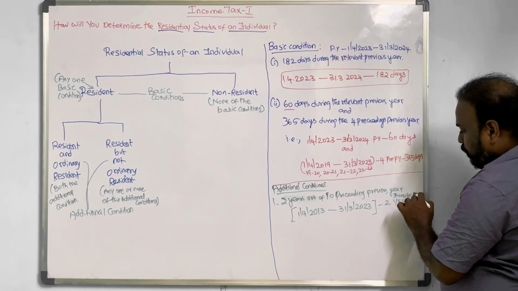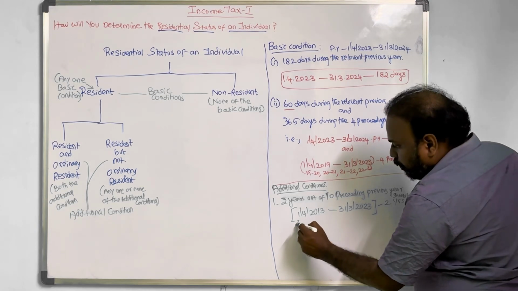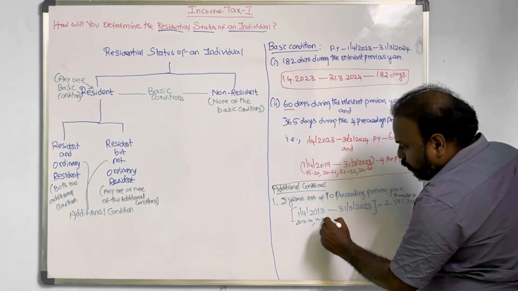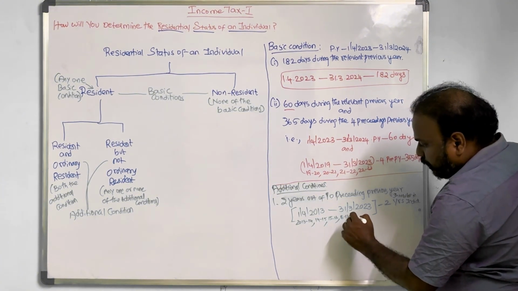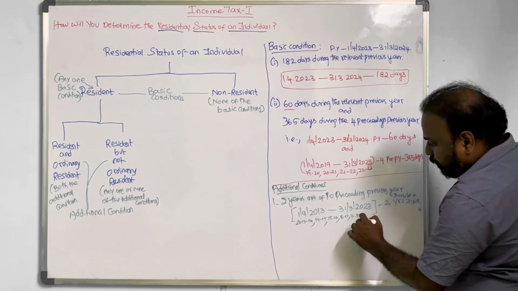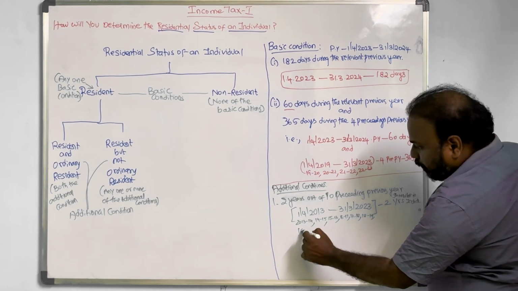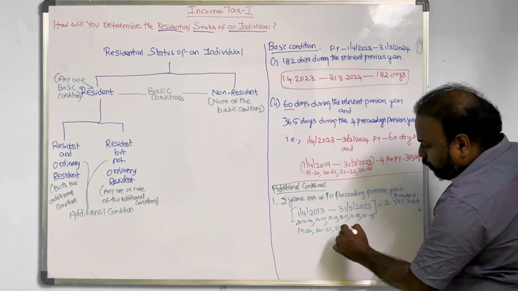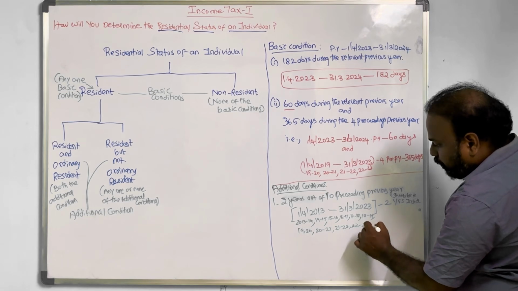That is 2013 to 14, 14 to 15, 15 to 16, 16 to 17, 17 to 18, 18 to 19, 19 to 20, 20 to 21, 21 to 22, 22 to 23.